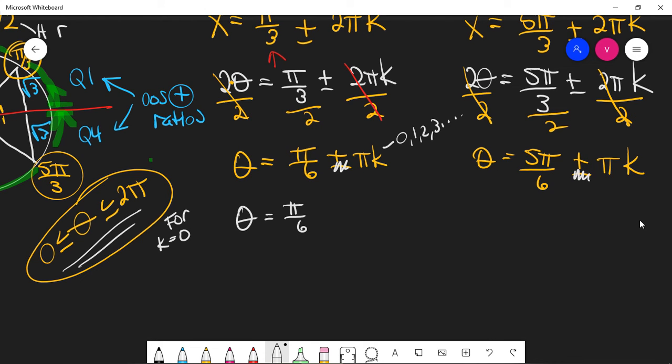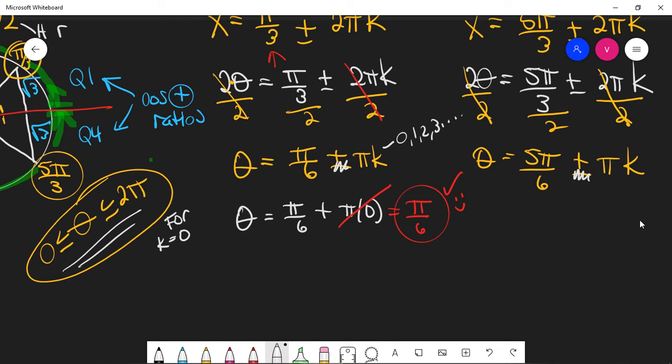Since it's not going backwards, it just wanted one forward rotation. So pi over 6 plus pi times 0. Well, anything times 0 is just 0, so pi over 6 plus 0 equals pi over 6. Okay, and there's our first answer. Is pi over 6 in between 0 and 2 pi? Yes, we are happy with that.